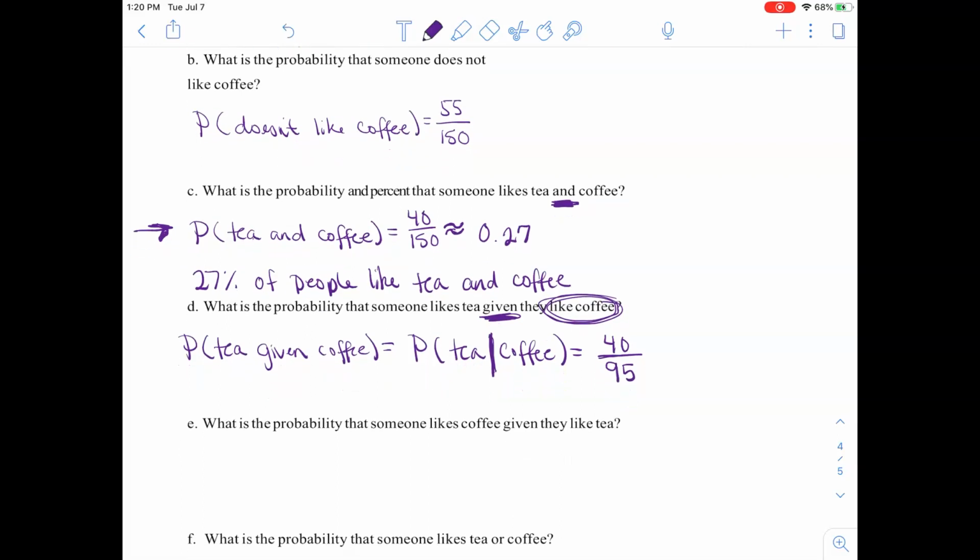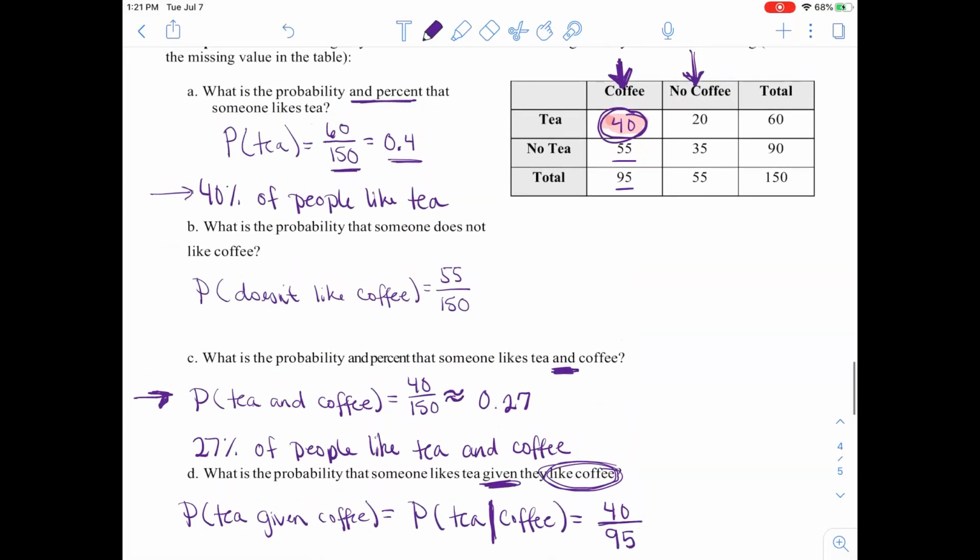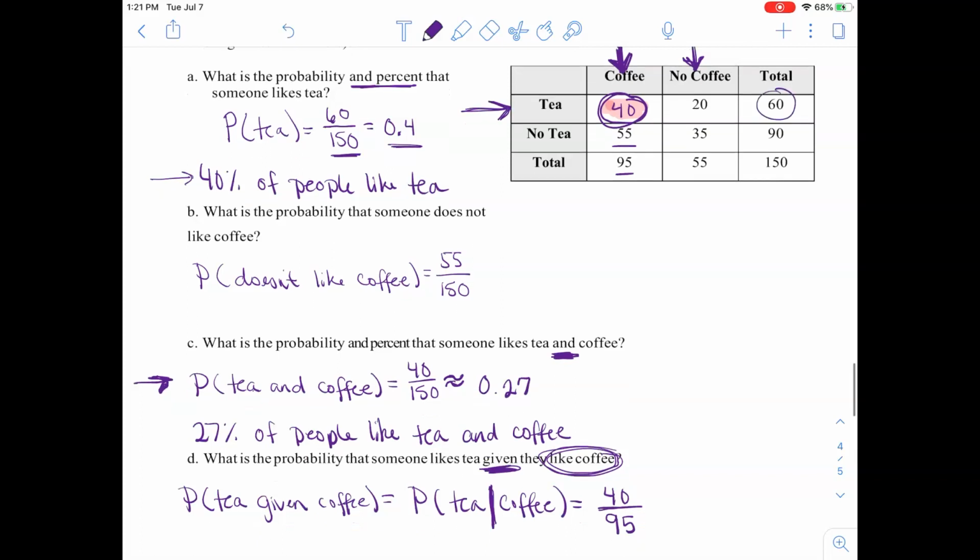E, what is the probability someone likes coffee? So order does matter, and I almost messed it up on that last one. Coffee, given they like tea. So what that's telling me is I just want to focus on my tea area. So here's my tea area. How many people like tea? 60.